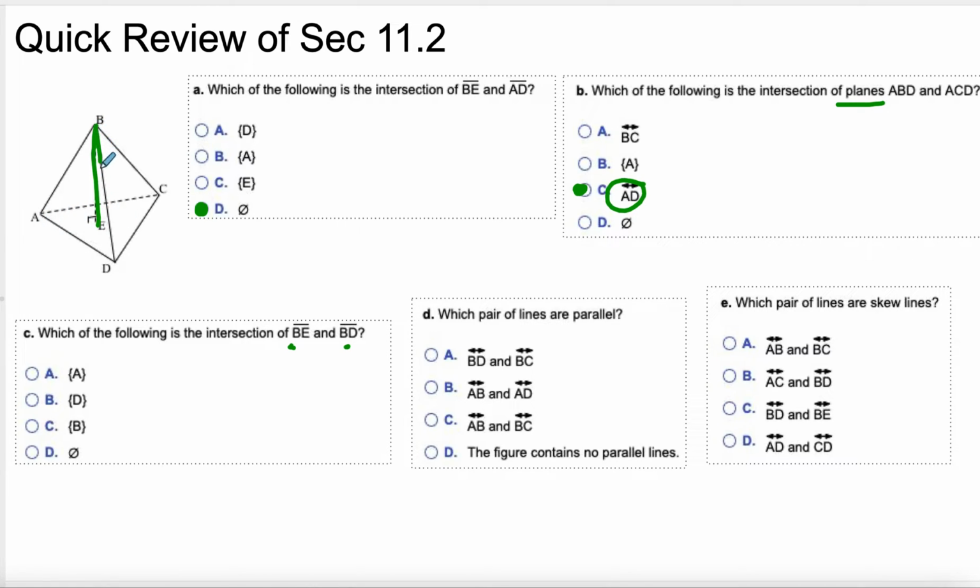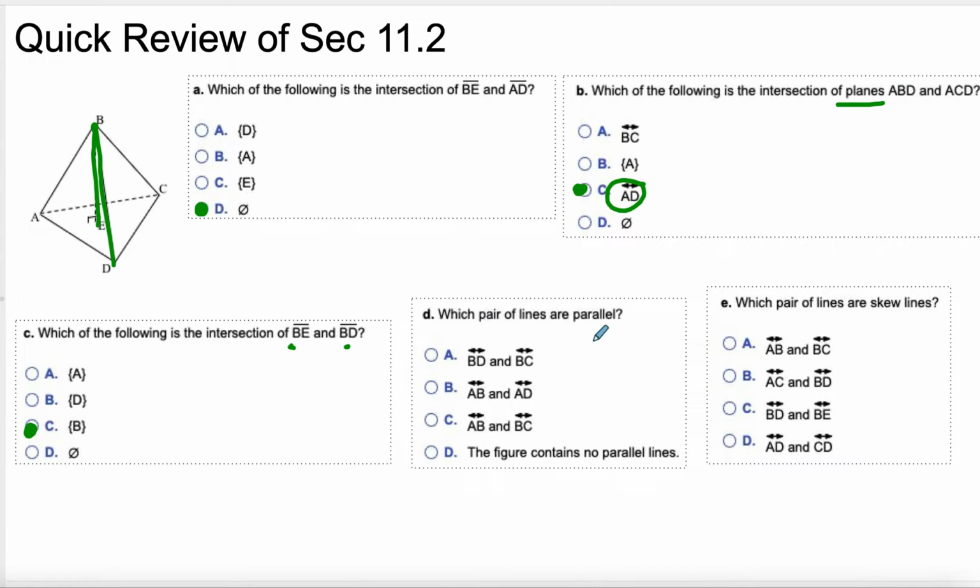These two, this edge and the perpendicular line, are meeting at point B. So that will be the intersection. Again, when you have two lines, they intersect at one point, right? And when you have two planes that are not parallel, then they meet at a line.